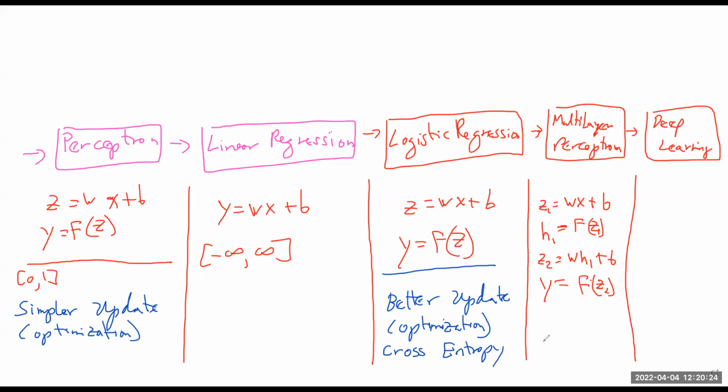Okay, that's going to be the optimization. So we're going to take a look at that one. And going forward, they all use the same. So this one is going to be, again, a better update.